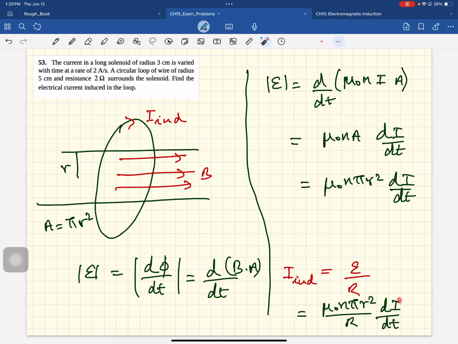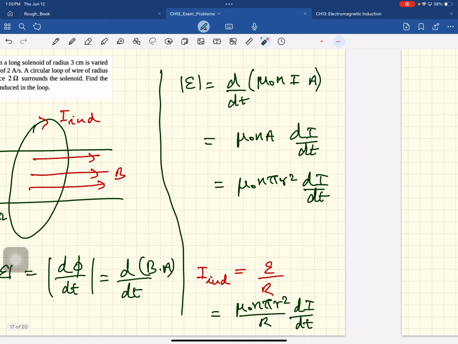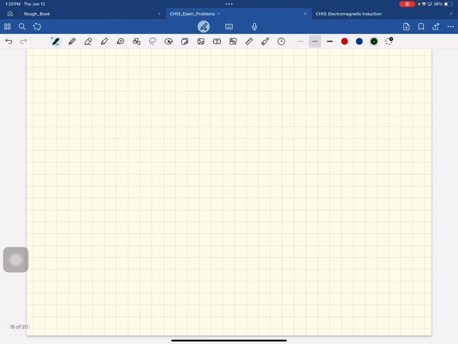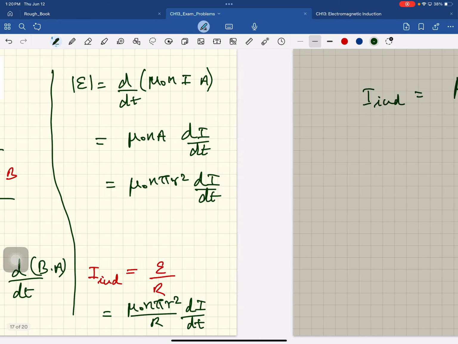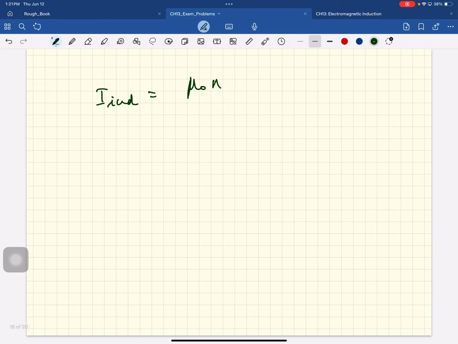This I is the current in the solenoid. This is the induced current. So the induced current is mu naught n pi r squared divided by the resistance, and di by dt.